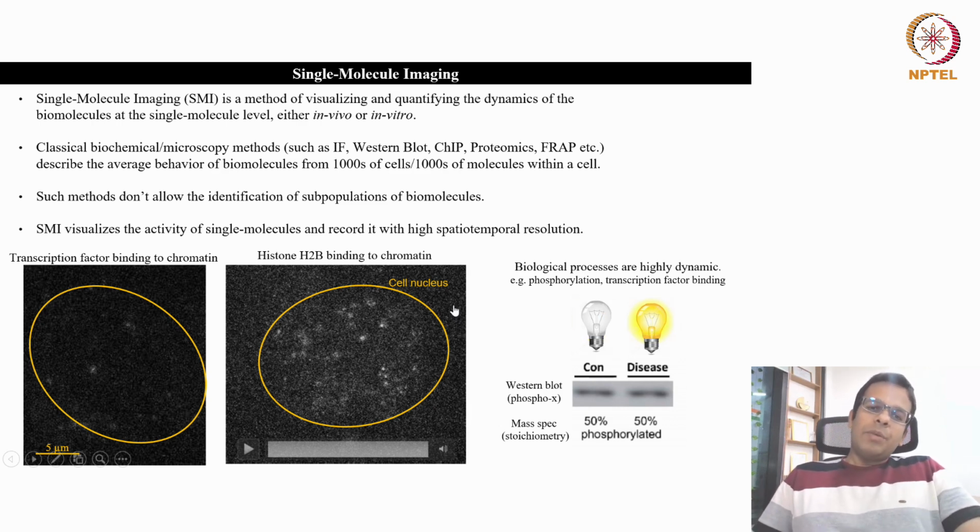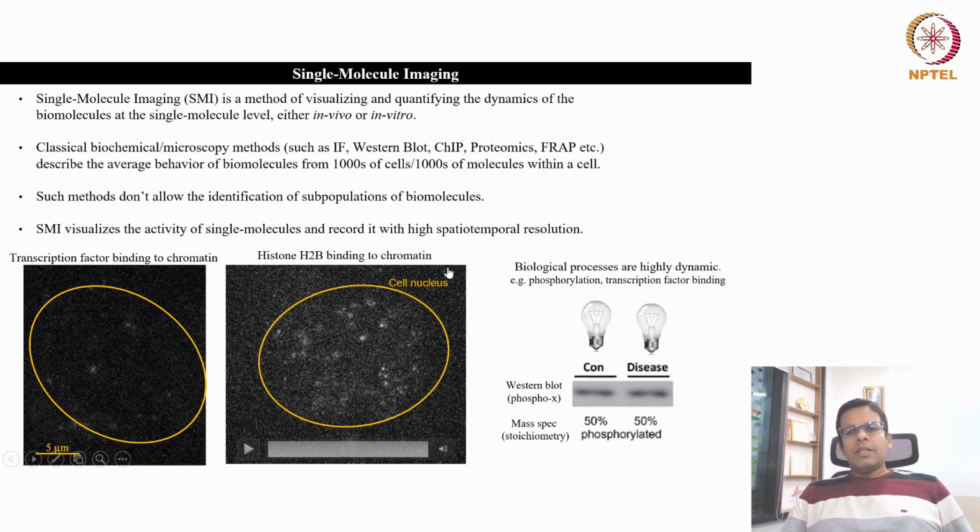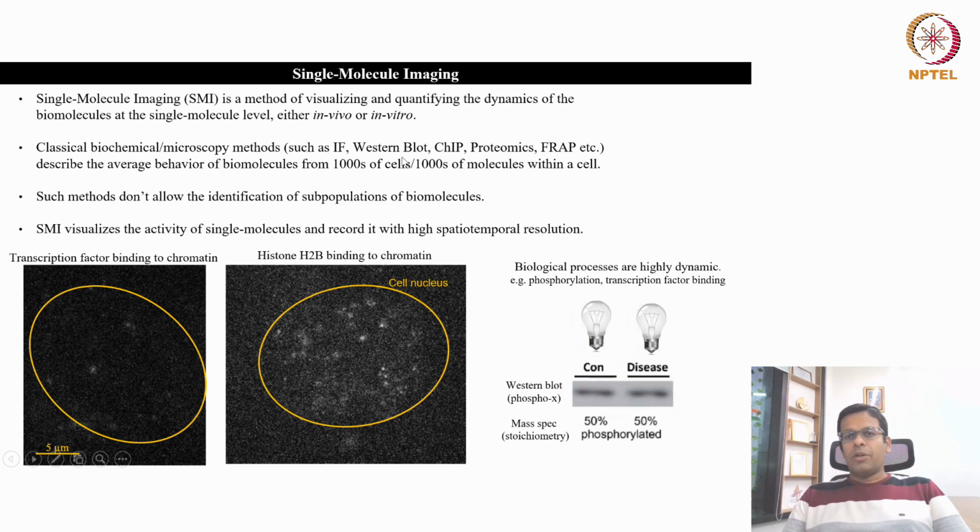Now, why is such a method useful? You know that several biochemical or microscopy methods have been used for decades, such as immunofluorescence, Western blotting, chromatin immunoprecipitation, proteomics, or even FRAP analysis. All these methods are considered population-based average measurement methods, or ensemble averaging methods.